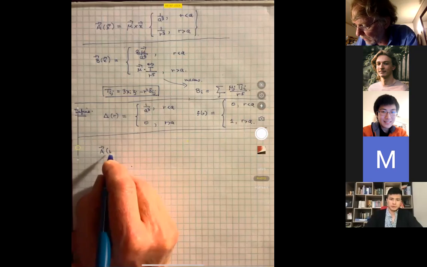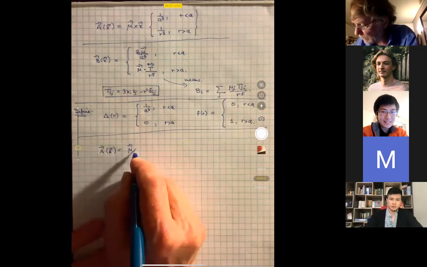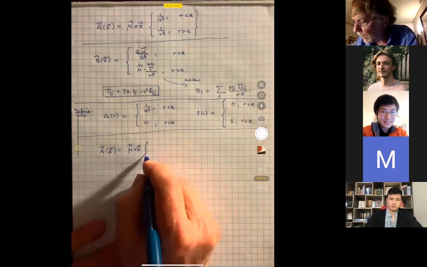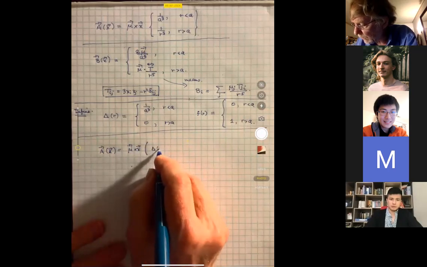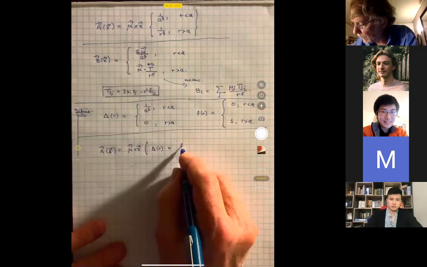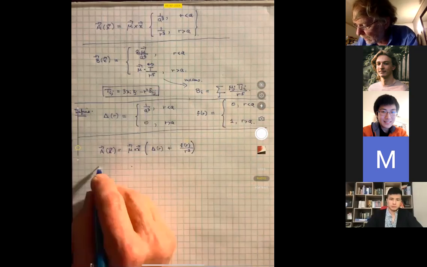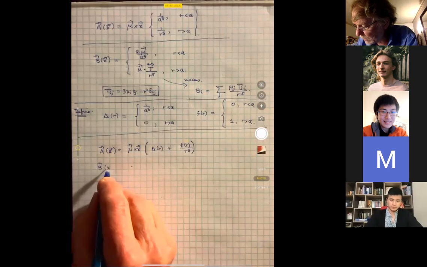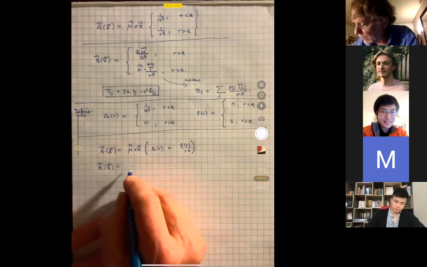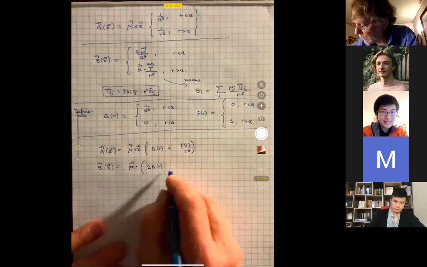I can write A of x, the vector potential, as mu cross x multiplied onto delta of r for the first term, that's the 1 over a cubed, plus f of r divided by r cubed. And likewise for the magnetic field, B of x can be written as mu dotted into twice delta of r times the identity tensor.